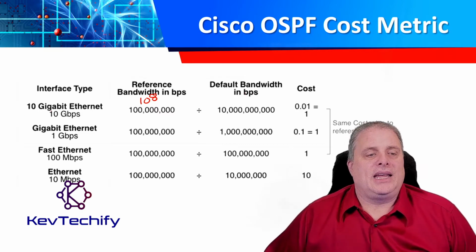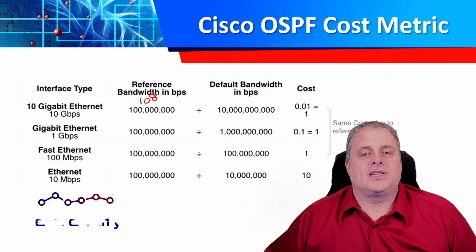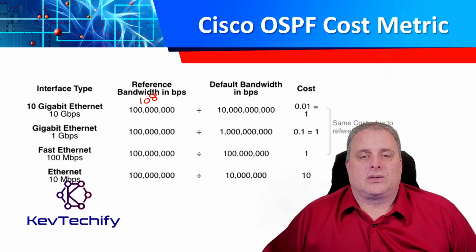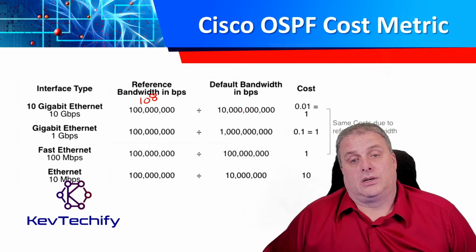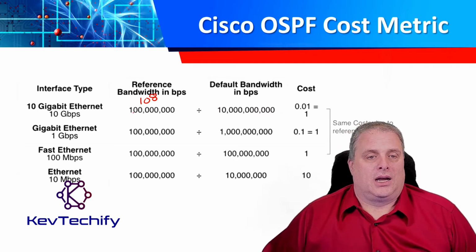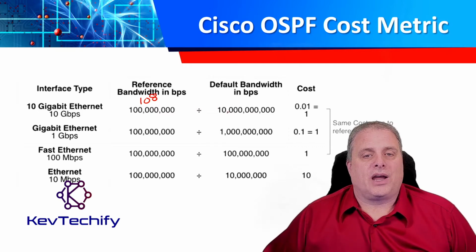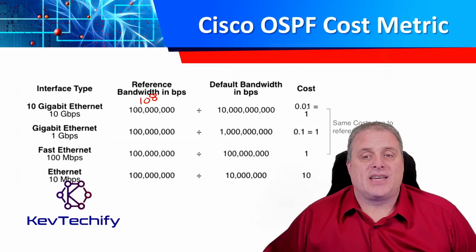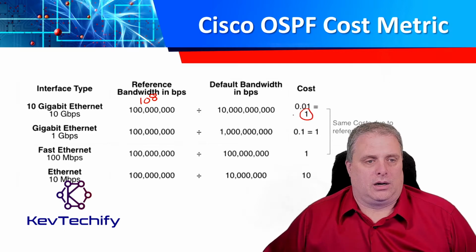Take 10 gigs, turn that into bits, and we get 10 billion bits per second. 100 million divided by 10 billion is 0.01, but we can only have an integer, so they set that as a 1 here.